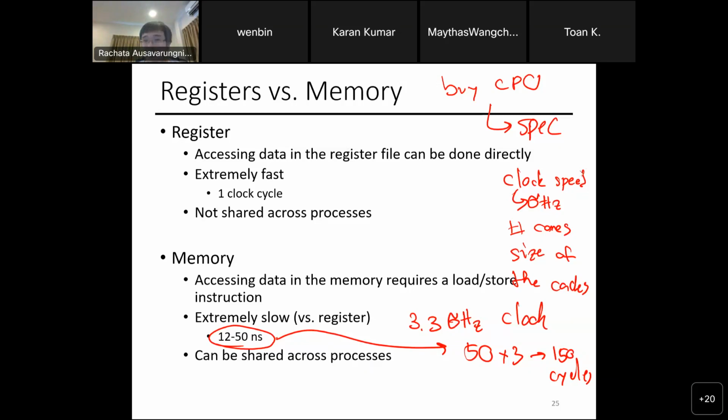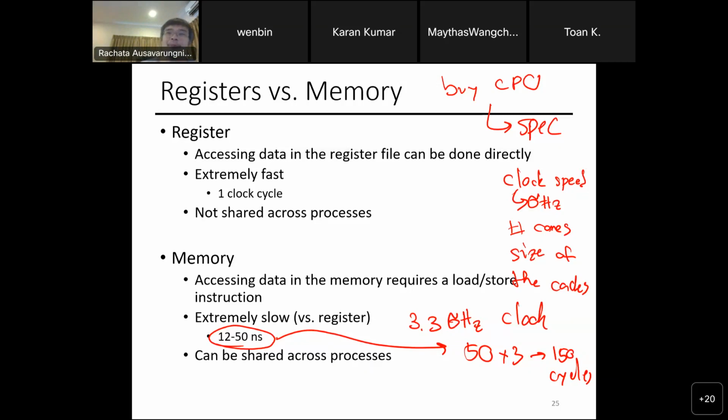The register is a lot faster, right? It's definitely a lot faster. And how many people notice that there's a big gap here? If I don't use the register, I have to spend 150 cycles. That's a long time in the CPU world.